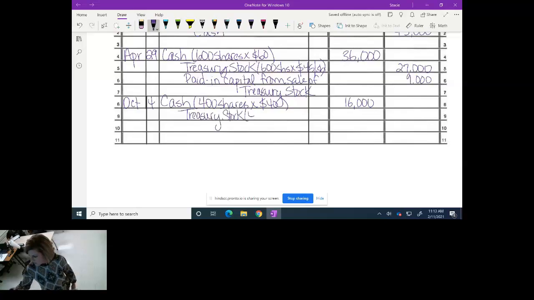So that is 400 shares times $45, which is $18,000. So what do we need to get this entry to balance? We need a debit, and it's going to be to that paid-in capital account. So this will be the only one you see that with.